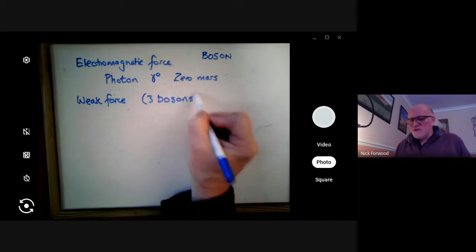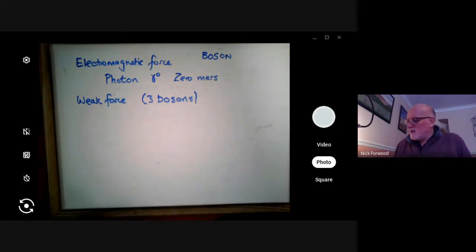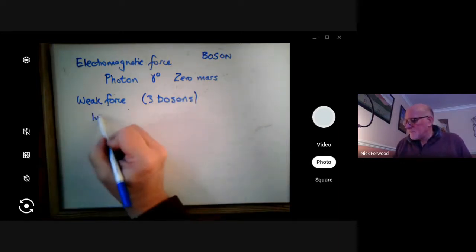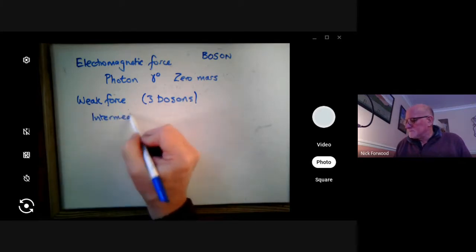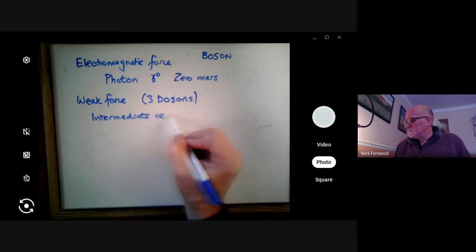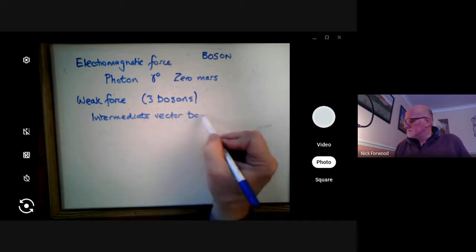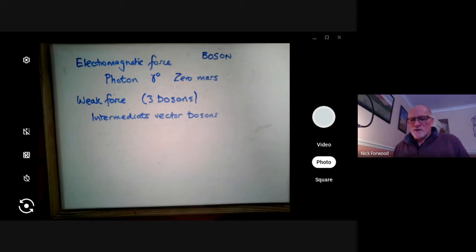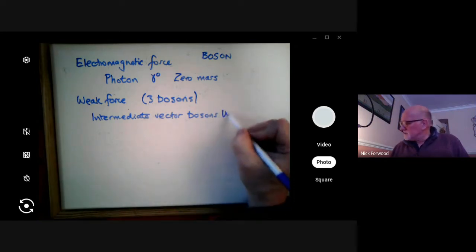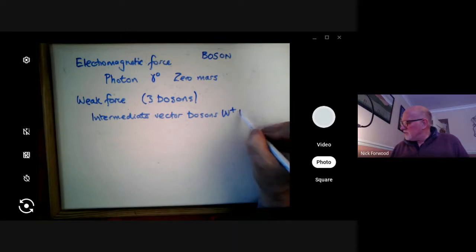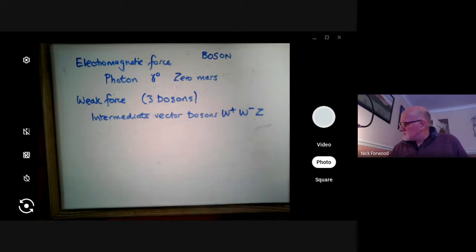Three different force mediating particles, and they're called the intermediate vector bosons, and there's three of them, and their symbols are W plus, and the second one's W minus, and the third one is Z, and this Z sometimes has a naught up next to it. So there are three different bosons that cause the weak force, that get thrown backwards and forwards.